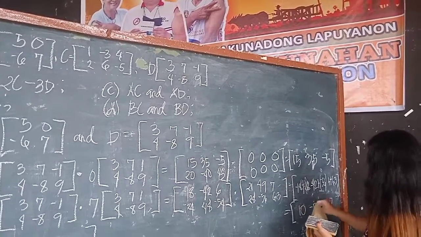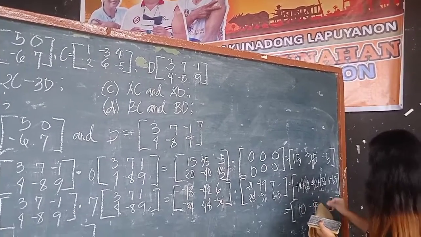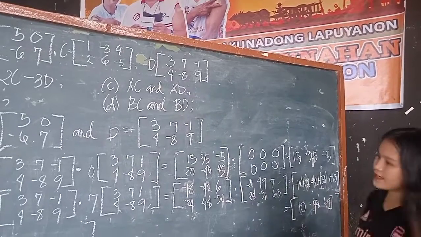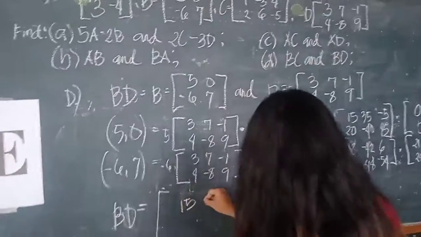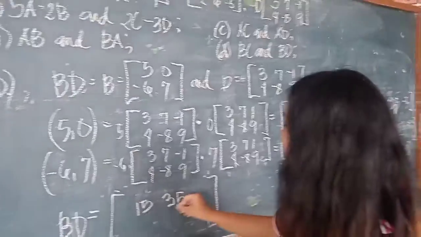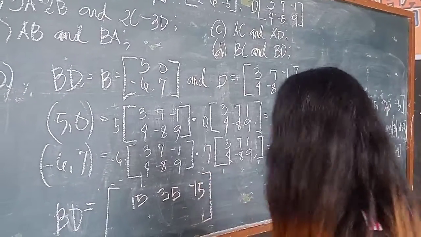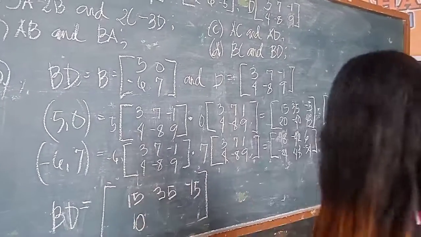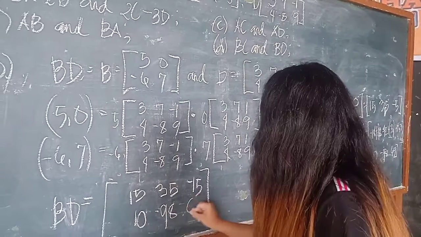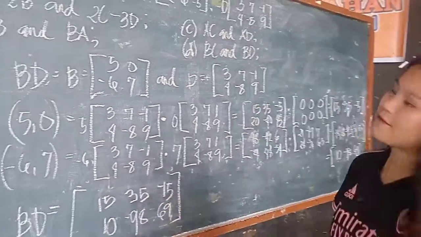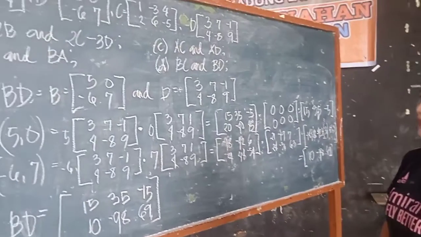It is negative 98 and 69. So, therefore, the BD is 15, 35, negative 5, and 10, negative 98, and 69. And that's it for number 3, BD.